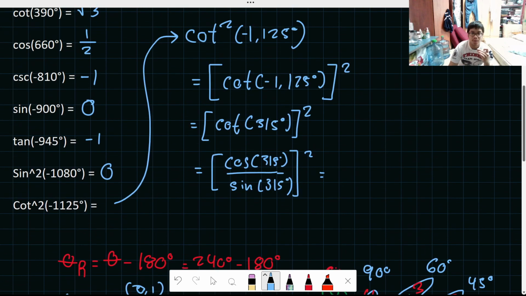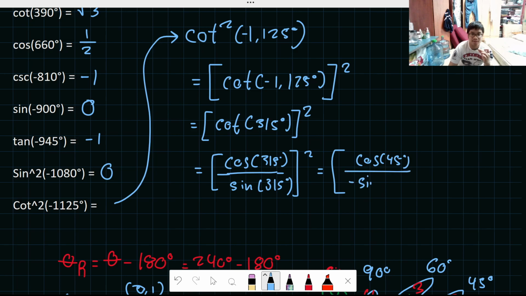Therefore, cosine is positive, but sine is negative. So going back, we have cosine of 45 degrees, and here we will have negative sine of 45 degrees. Much better. Then we're going to square it afterwards.